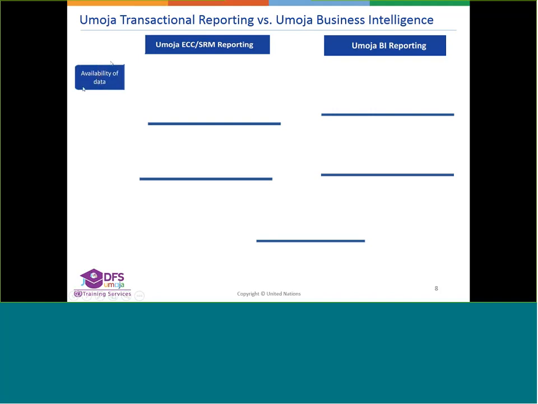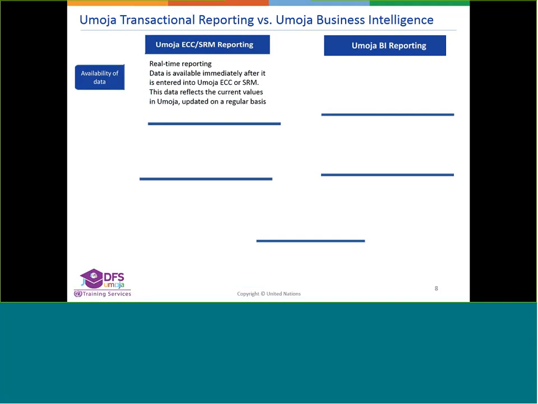So in terms of availability of data, in ECC and SRM, as I said before, it is real-time reporting. Data is available immediately after it's entered in ECC, right? So when I create an invoice and it's approved, automatically I'm going to see it in a list, if I run a T code where I can see all the list of invoices, that document number, that invoice starting with 51, will appear in the report immediately.